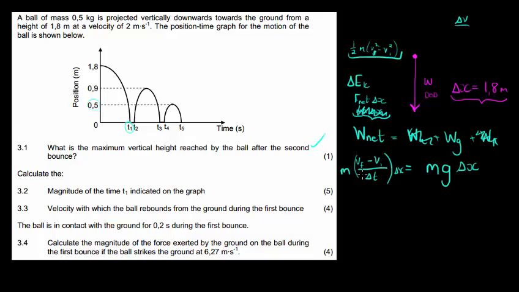Let's just see. I think it might work. The masses are going to cancel. Delta x is going to cancel. Gravity is equal to future velocity minus initial velocity over time, where I know my initial velocity, I don't know my future velocity.